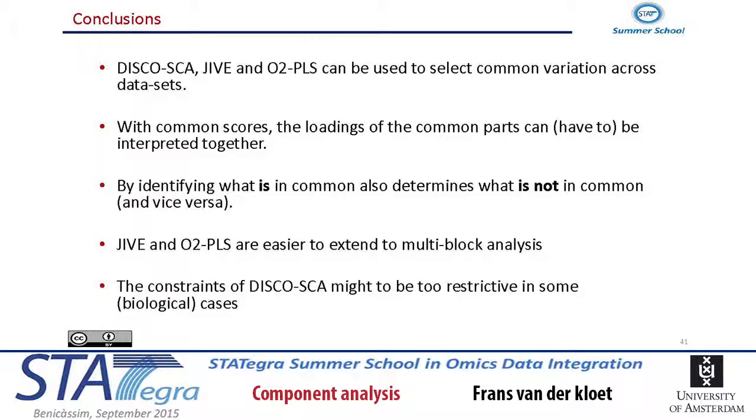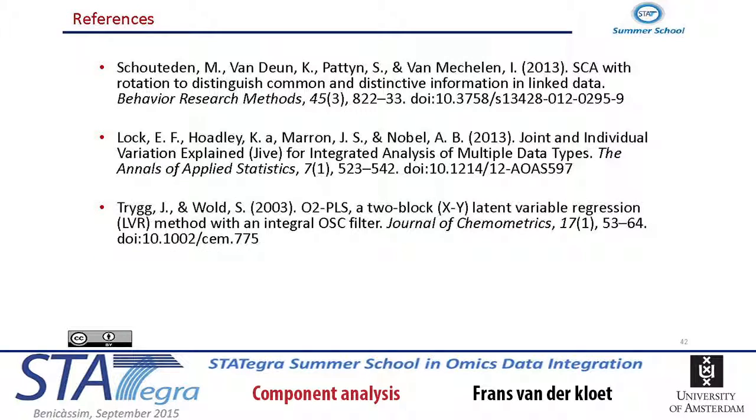They are linked because you have made them common. And if you have identified what is in common, you can also separate what is not in common, which is distinctive. So it's a kind of an interplay. Jive and O2PLS, not shown here, are easier to extend to multi-block analysis, and the constraints of Disco might prove too restrictive in some biological cases.